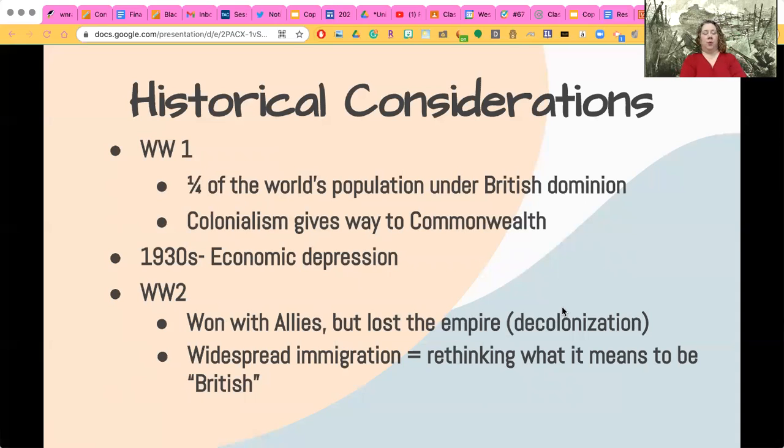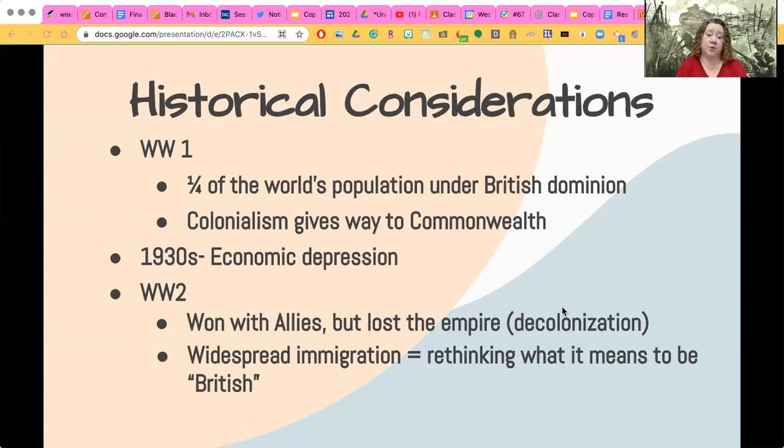I already mentioned that World War I is a factor in history at this time, obviously, because at the time that World War I broke out, a quarter of the world's population was under British rule in one way or another through colonialism, imperialism, all the isms. And so when World War I breaks out, it greatly affects Great Britain because of the number of different countries that are under protection of Britain.